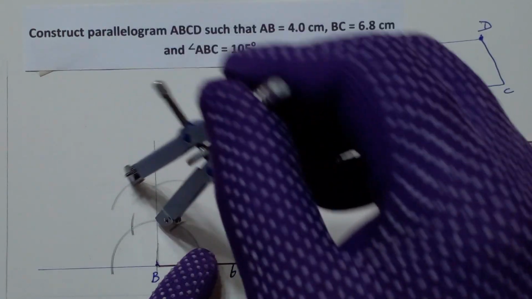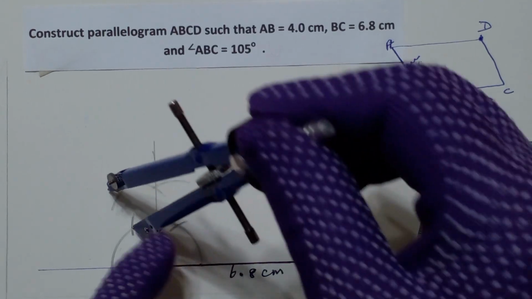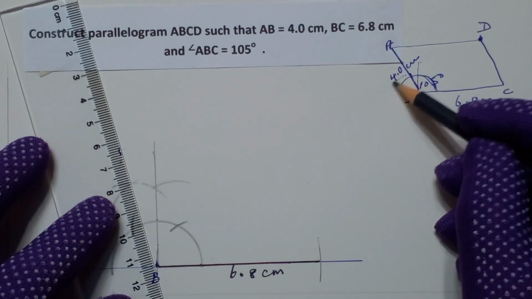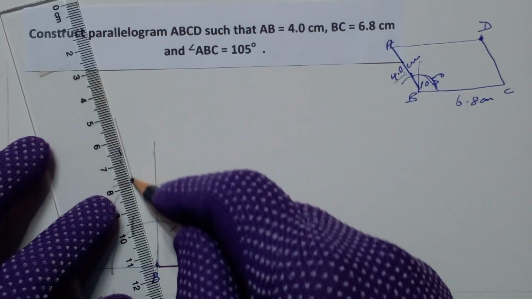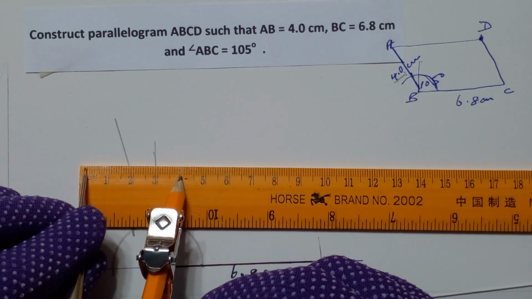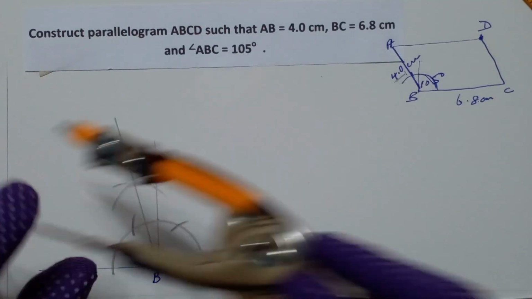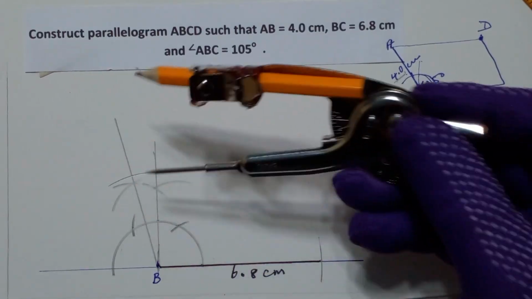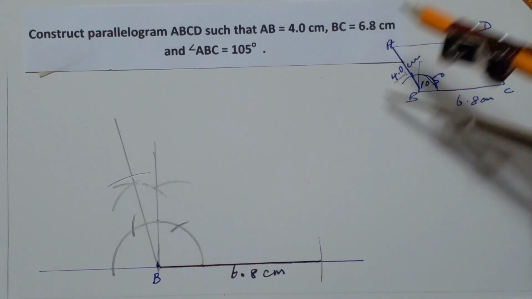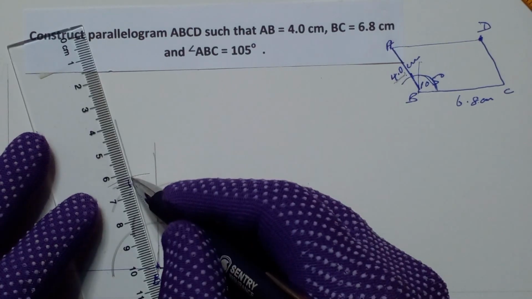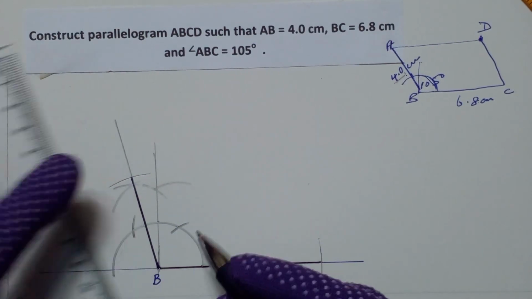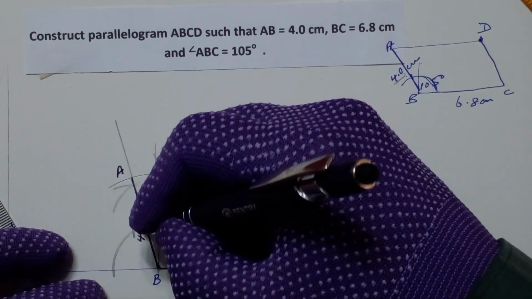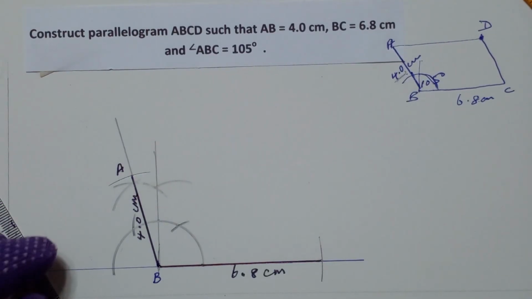From here, so we draw a line from here to there. We know it is 4.0 centimeters. So we'll draw it much longer than 4.0. We measure 4 centimeters. And we bold from here to here, writing A, 4.0 centimeters.